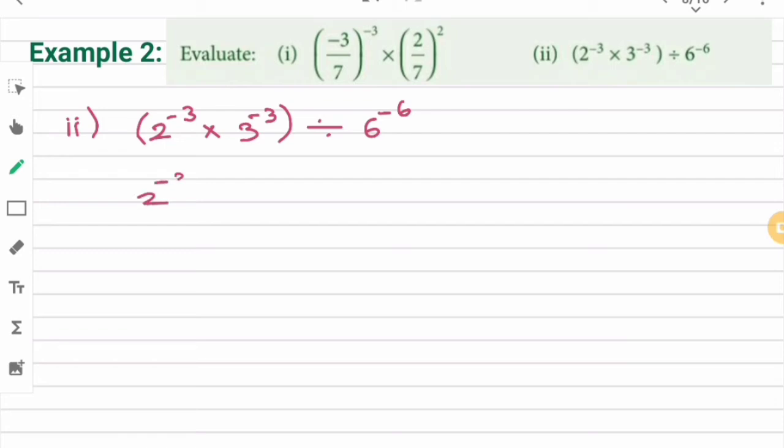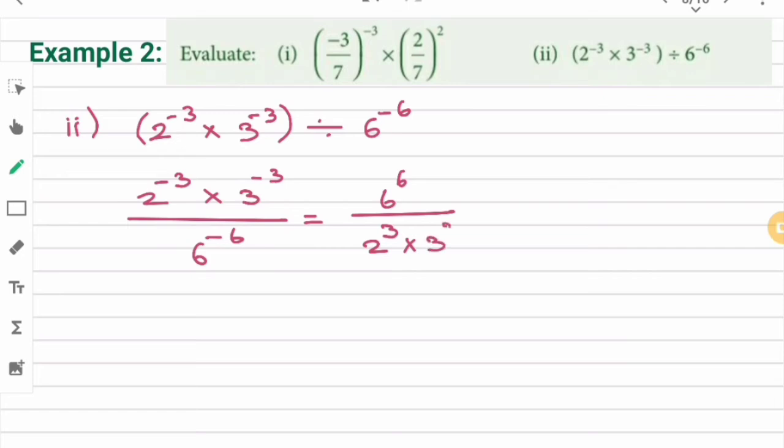So 2 power minus 3 into 3 power minus 3 whole divided by 6 power minus 6. And the next step is I am going to bring this 2 power minus 3 and 3 power minus 3 to the denominator and this one to the numerator. So it will become 6 power 6 by 2 power 3 into 3 power 3.